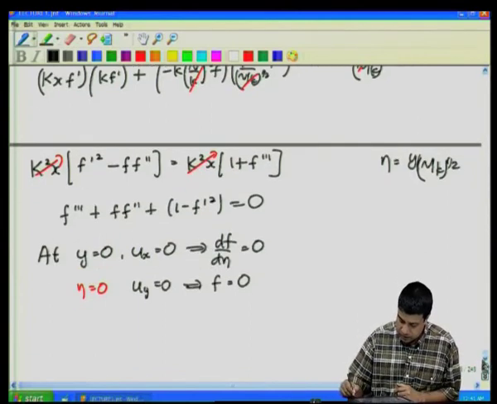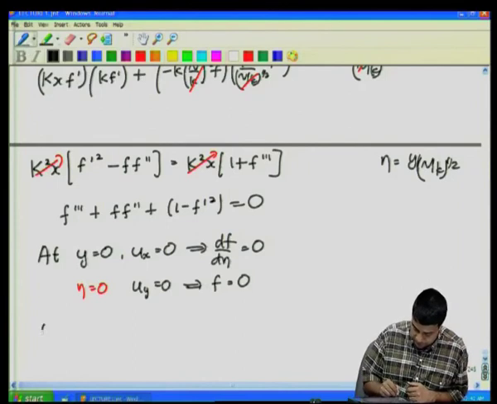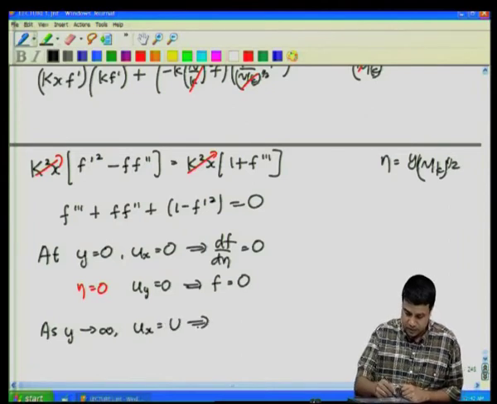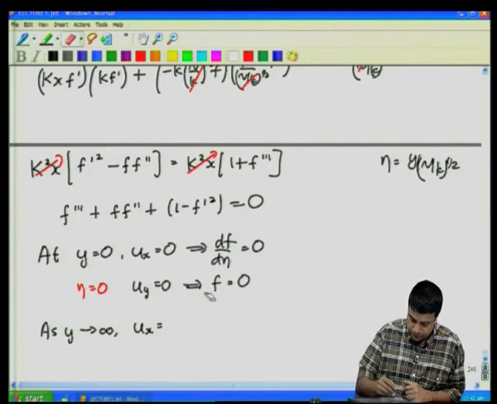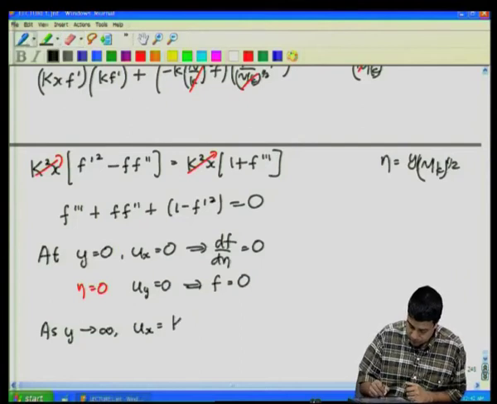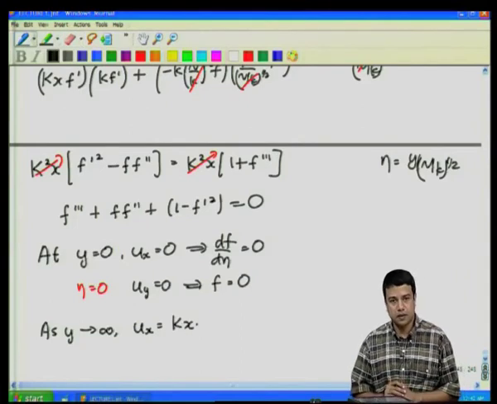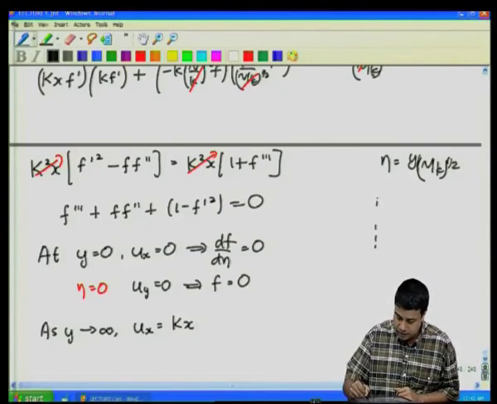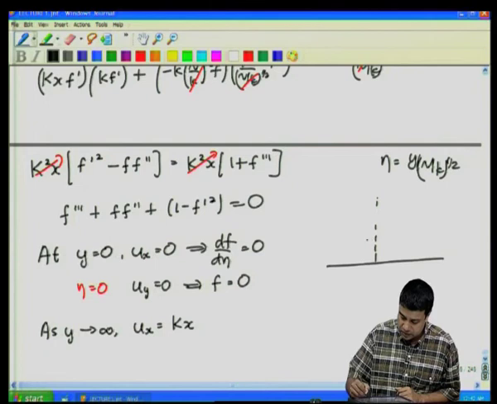What about as y goes to infinity? u x is equal to capital U, which implies that u x is equal to k x. As y goes to infinity, as you recall, we have to recover the outer flow solution.